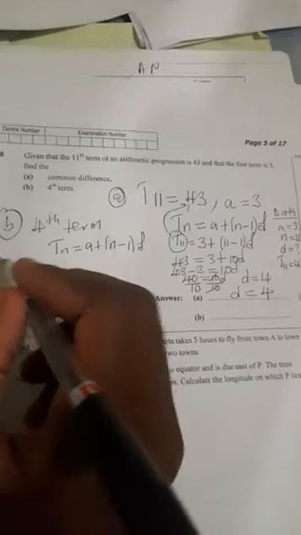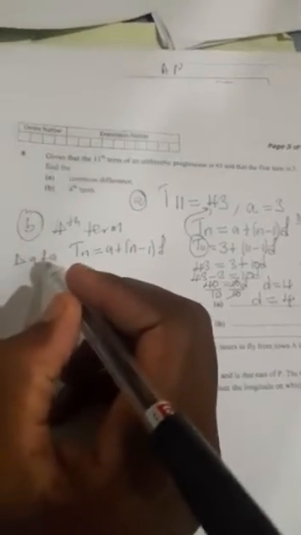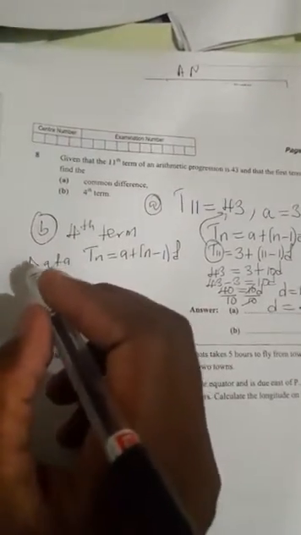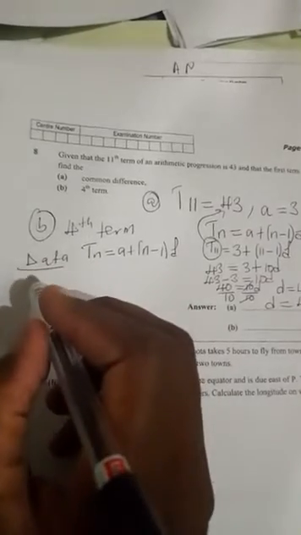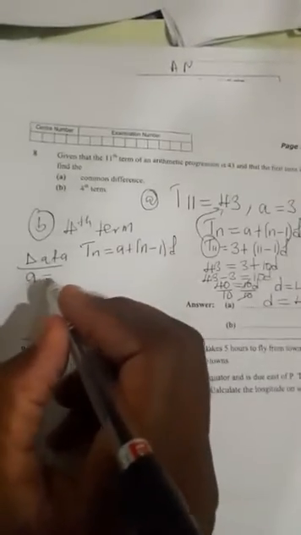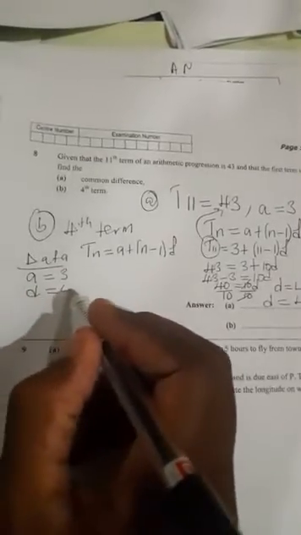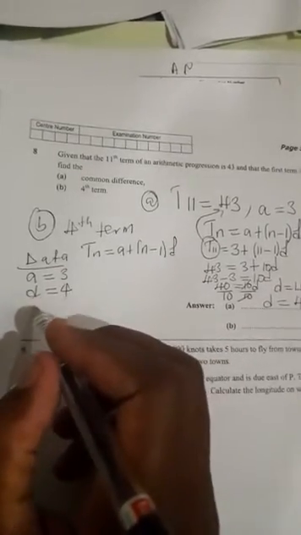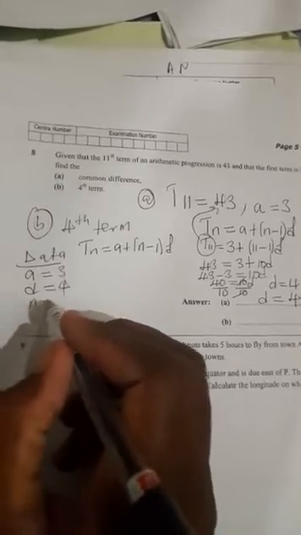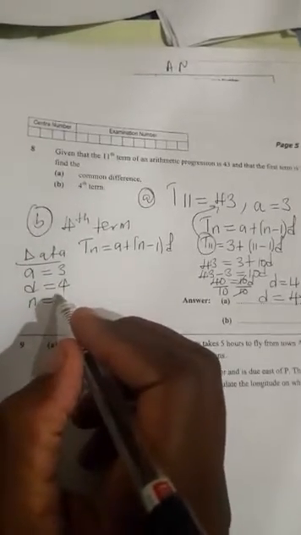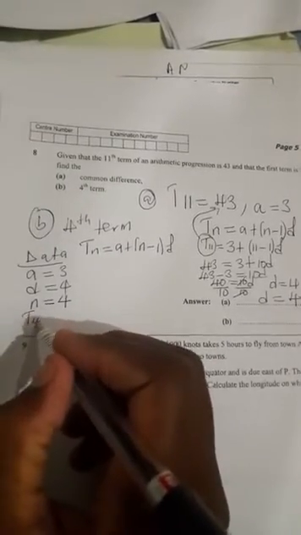So you can maybe indicate your data here. You can say a is the first term, 3, d is the common difference which was found, 4, then n is 4, which is the fourth term, then T4 is what we are looking for.